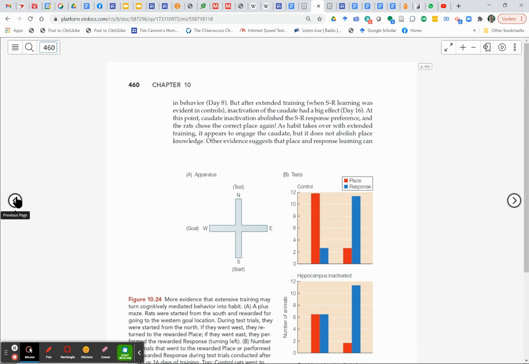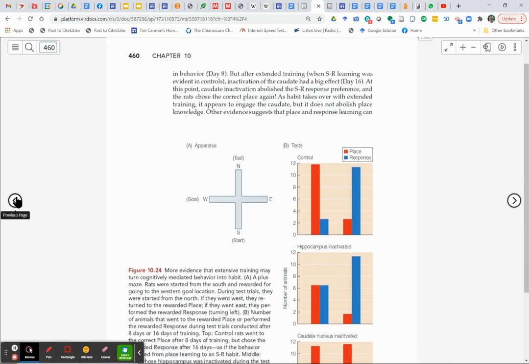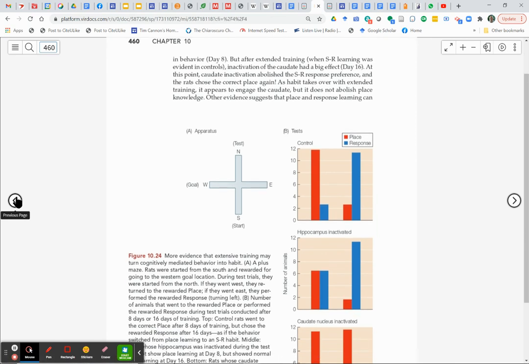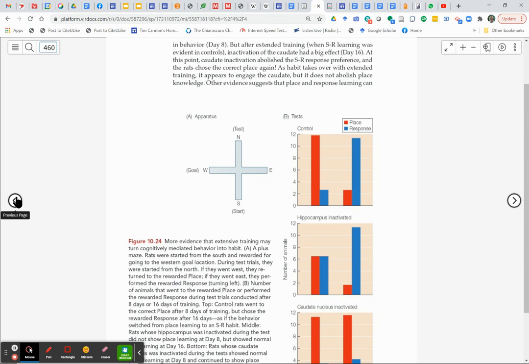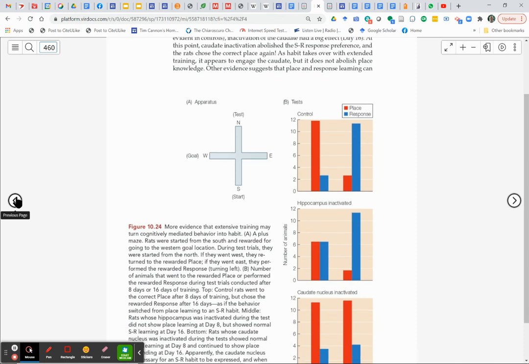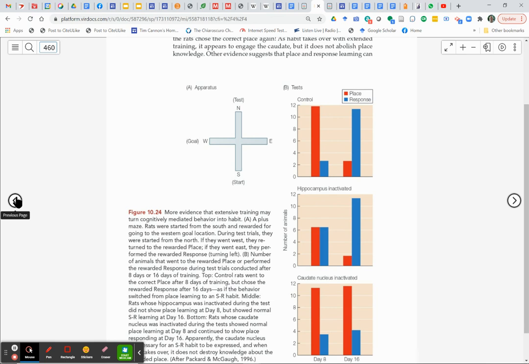So there's your elevated plus maze and hippocampus inactivated. Oh, and they did this with, I think, lidocaine. They didn't blow it up. Caudate nucleus inactivated.